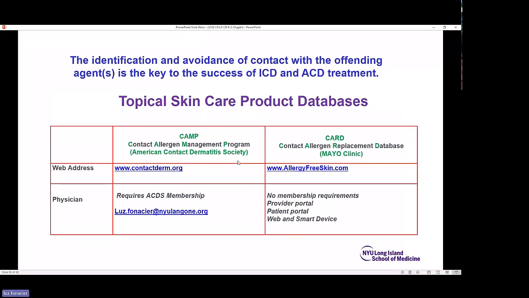And once you have a positive patch test, please give patients two things: what they're allergic to, and what they're not allergic to, and we call it a safe list. There are two programs, the CAMP, Contact Allergen Management Program of the American Contact Dermatitis Society, and the CARD program.